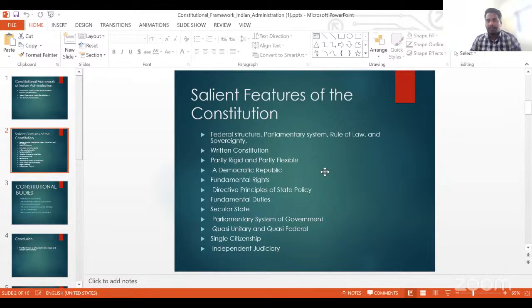This is the preamble. The preamble is the basis of our Indian constitution.